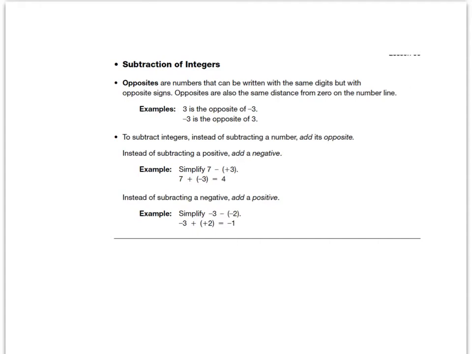Some people, this might be a good model. For other people, it seems like it might make it more confusing. But instead of subtracting a positive, saying minus positive 3, we add negative 3. Not sure that that works for everybody, because to me, when we simplify it, we really should just look at it as 7 minus 3, and that really makes it back into friendly territory.